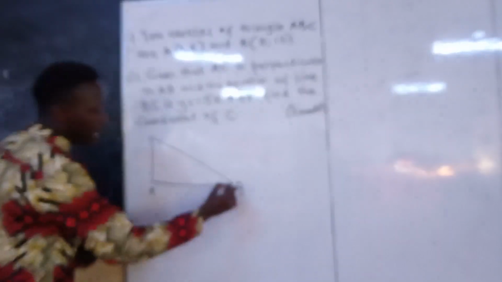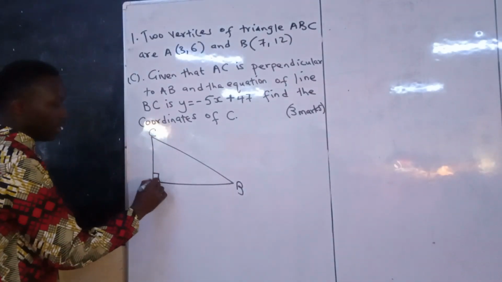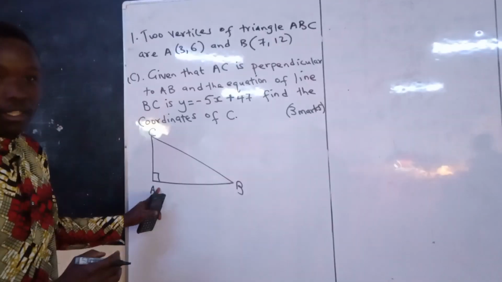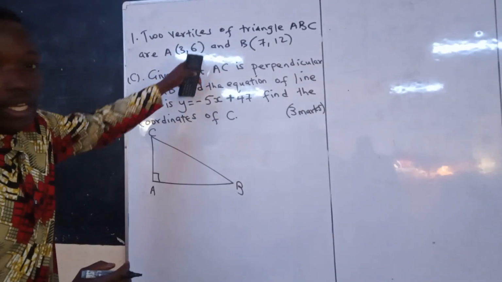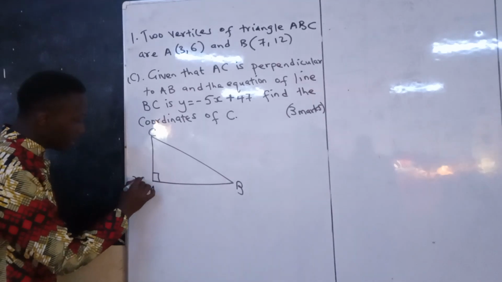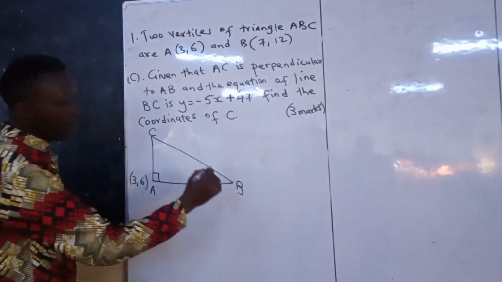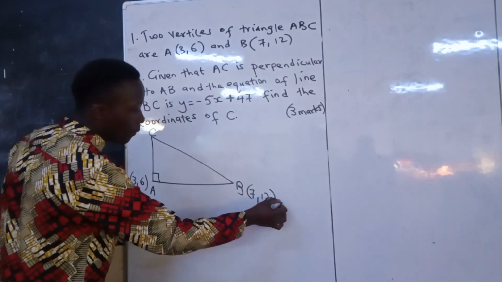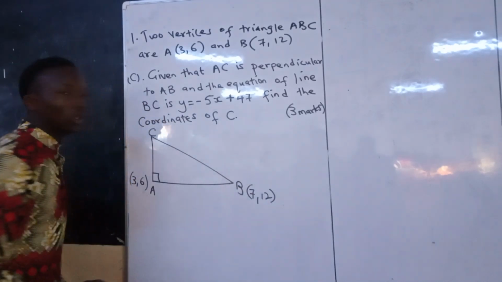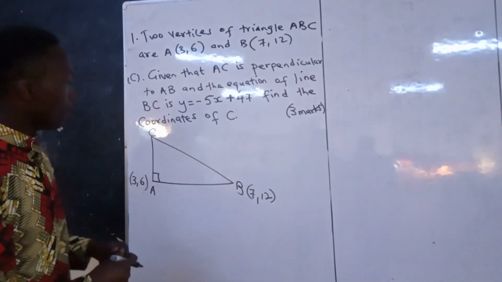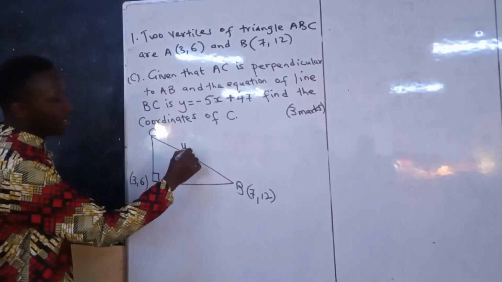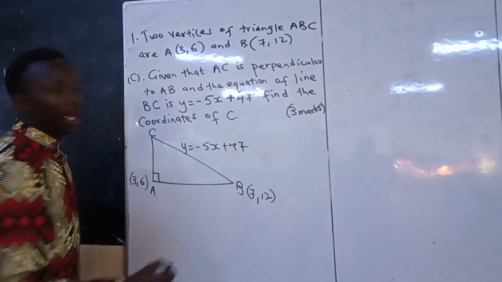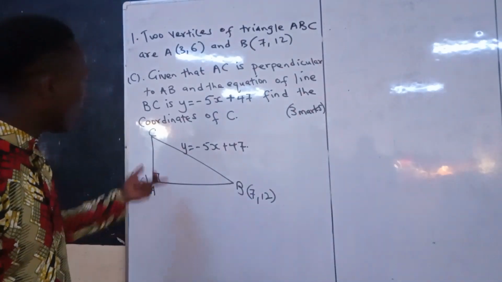So AB and AC are perpendicular at point A, and the coordinate of A is equal to 3, 6, and our coordinate of B is equal to 7, 12. Therefore, the equation of BC is y is equal to negative 5x plus 47, and we are required to determine the coordinate of C.